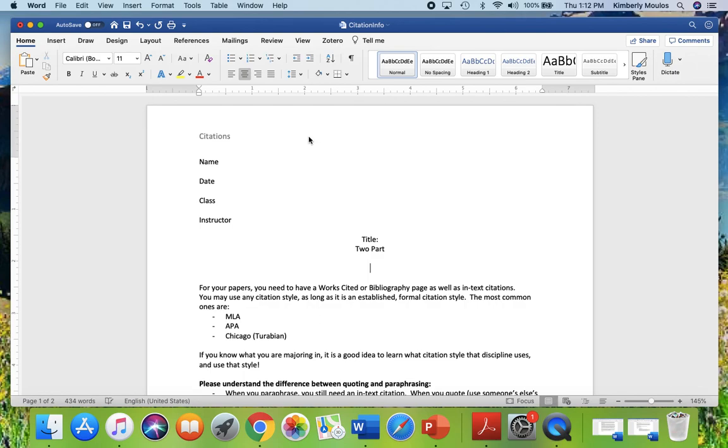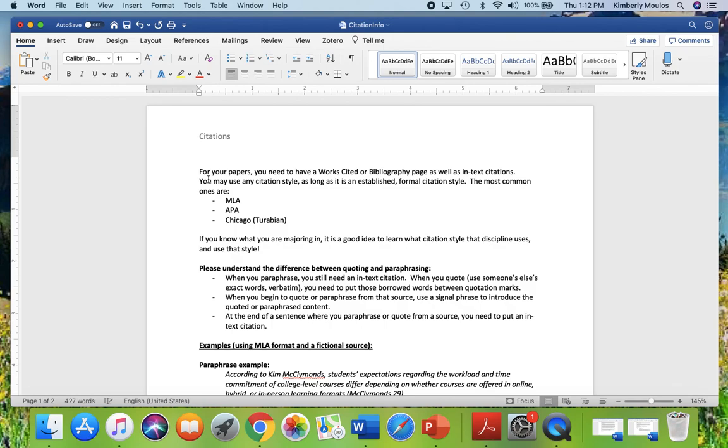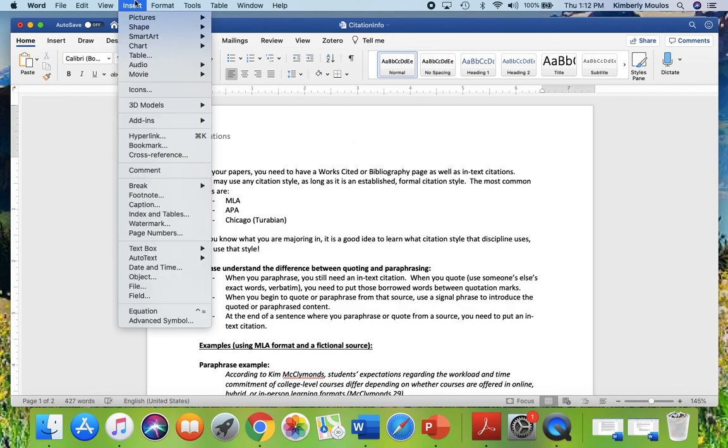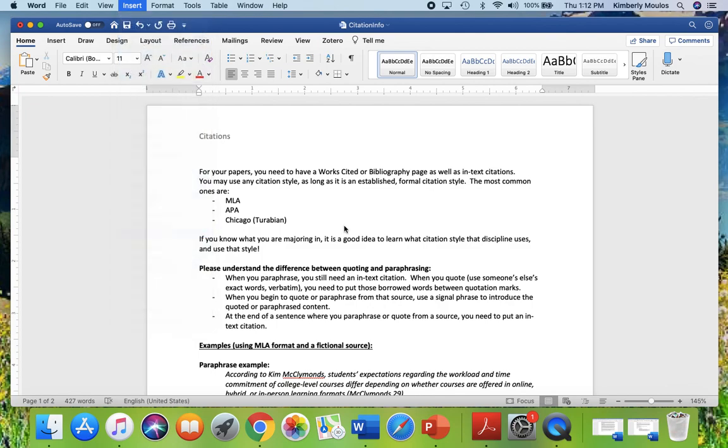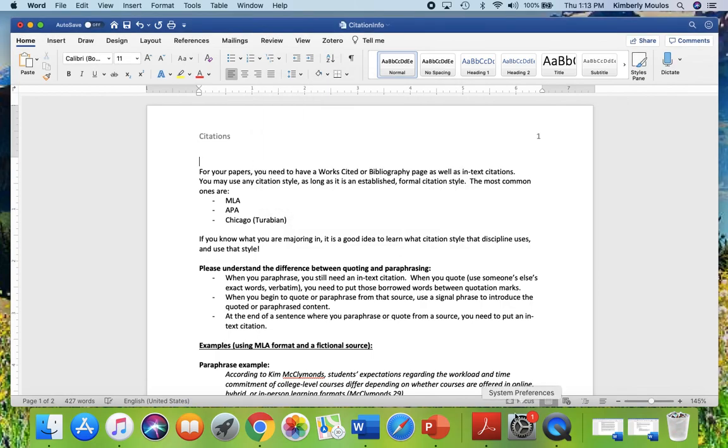And then you get into the body of your paper, and it should be 12 point Times New Roman font, double spaced. Also, you need to have page numbers. You can do that by going to Insert, Page Numbers, and then it gives you the option to put it at the top of the page.